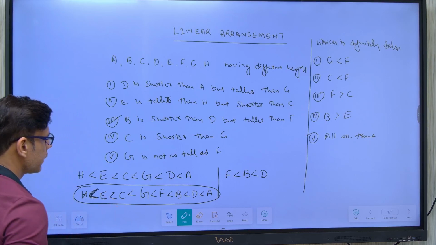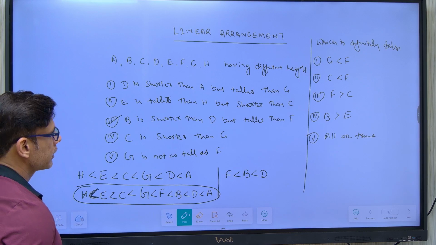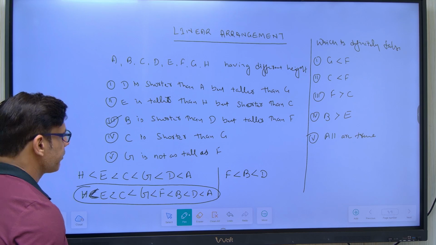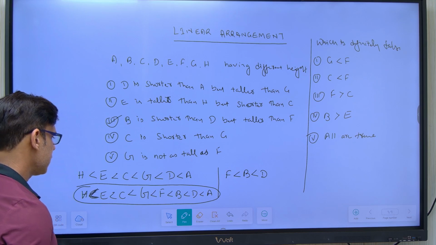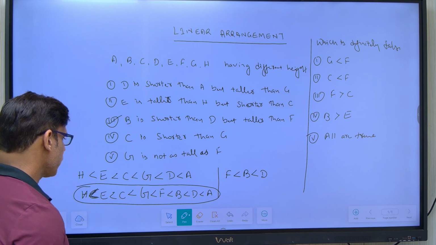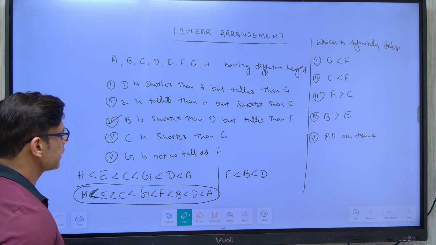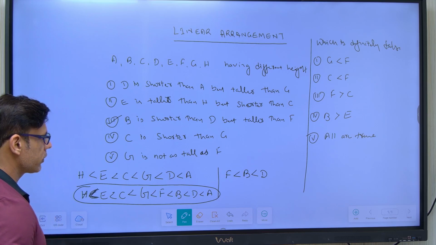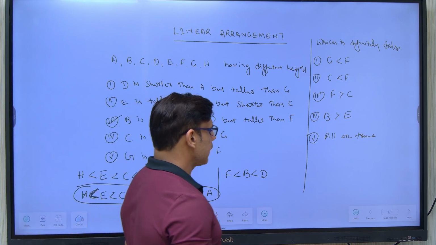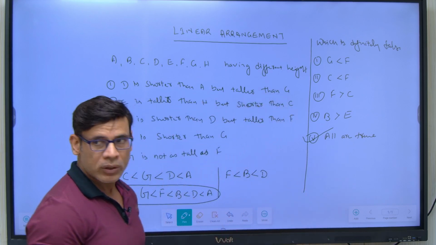This is first: which of the following is definitely false? Given that G is shorter than F, that is true. C is shorter than F, that is also true. F is taller than C, correct. B is taller than E, that is also correct. That means all are true in this case.